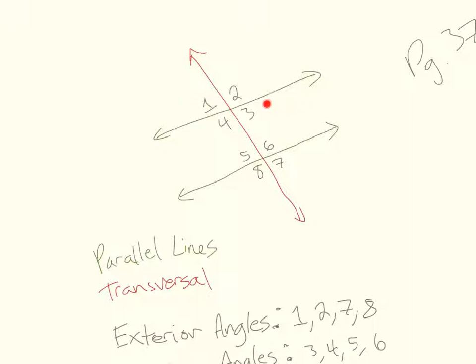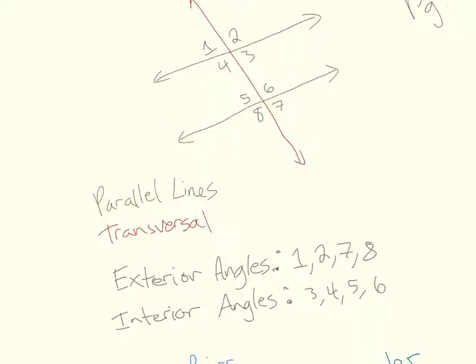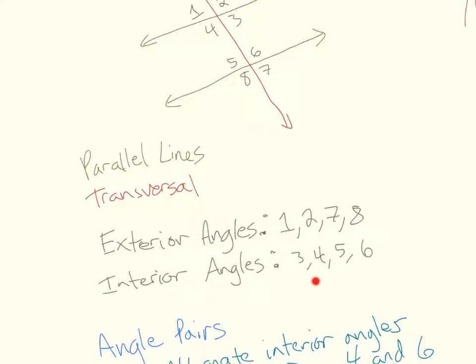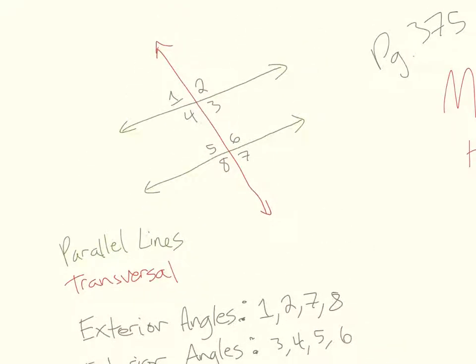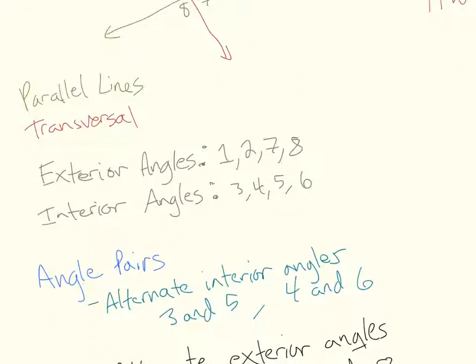So if you think of this section right here as the inside, in between your two parallel lines, then the area outside of your parallel lines, that's the exterior. So here 1 and 2 are exterior, 7 and 8 are exterior. Interior angles would be the stuff inside your parallel lines, so angle 3, angle 4, angle 5, and angle 6 are on the inside.